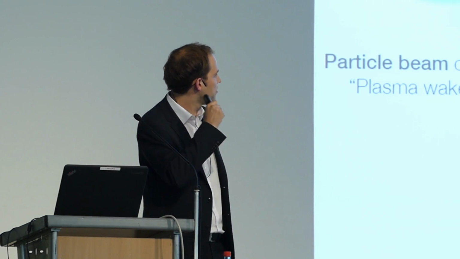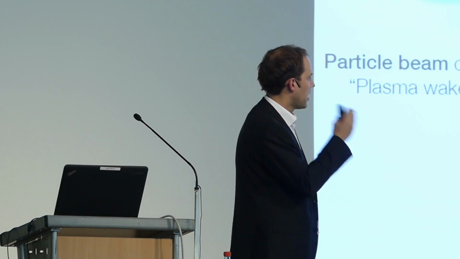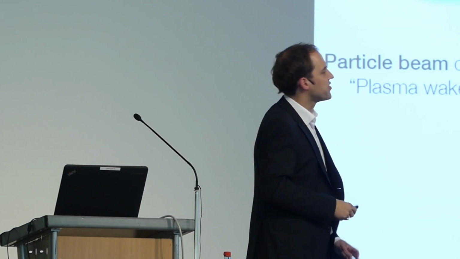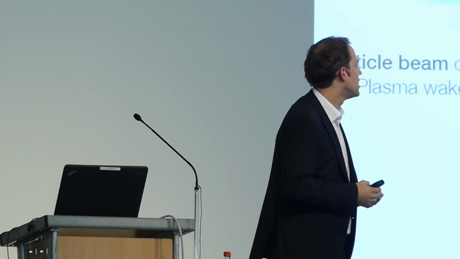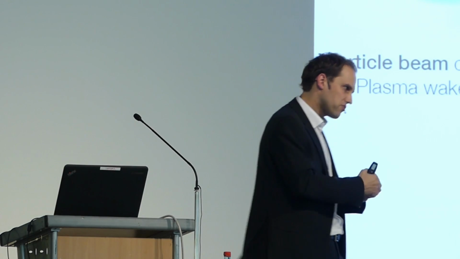We then send our very intense driver into this plasma, so it can be a high-intensity laser pulse, as I mentioned, and this laser pulse, by means of its photon pressure, its light pressure, is acting as an electron snowplow. It drives through the plasma and pushes the electrons out of its way.